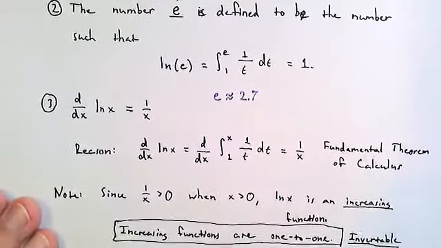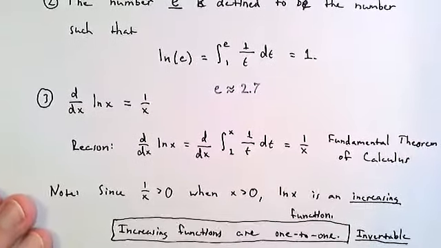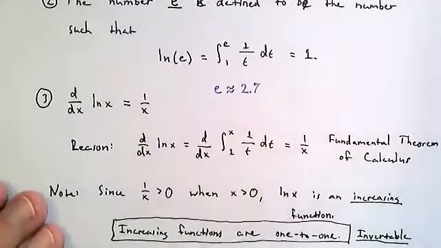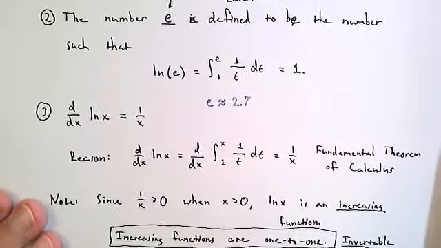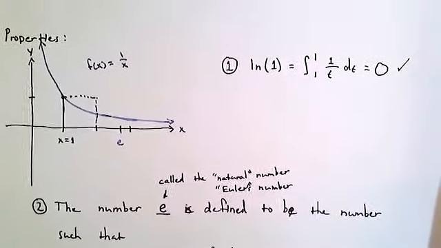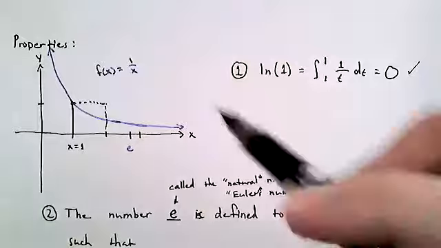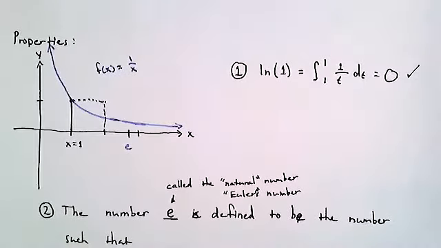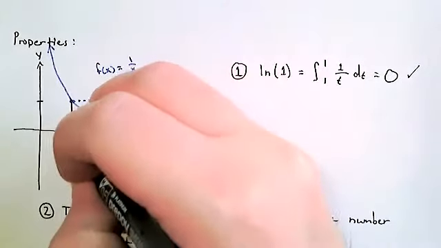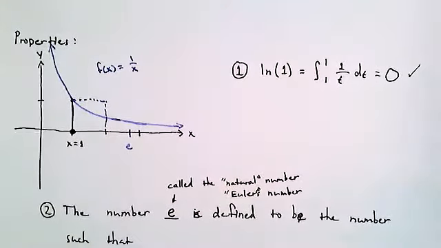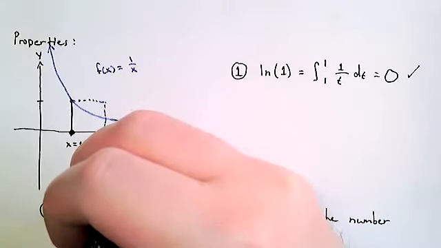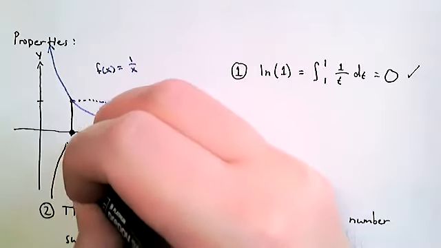Okay. So with these bits of information, so 1, 2, 3, and then the fact that this is an increasing function, we can make our first sketch of the natural logarithm. We know that its value at 1, if we plug 1 into the natural logarithm, we get 0. And we know that it's an increasing function, so we can sketch it like so.